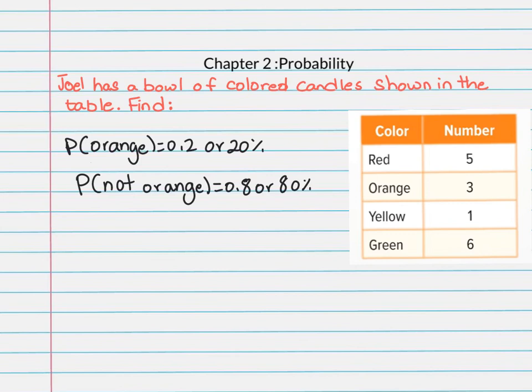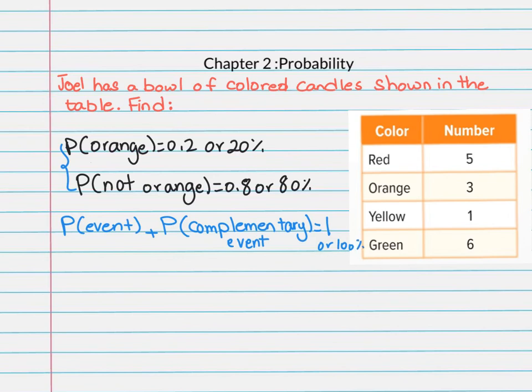We agreed those two are complementary events. Now, always in mathematics, if you add the probability of any event plus the probability of its complementary, you are going to get a 1 if they are written as a decimal, or 100%.